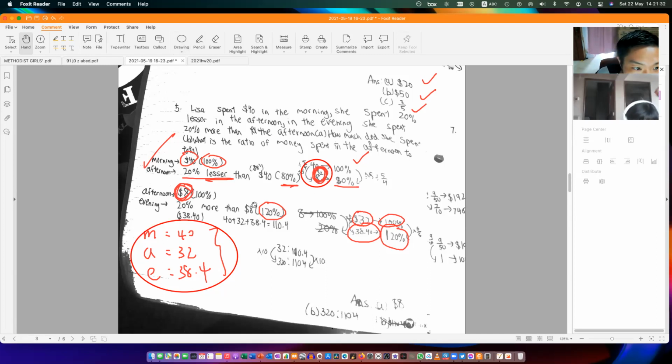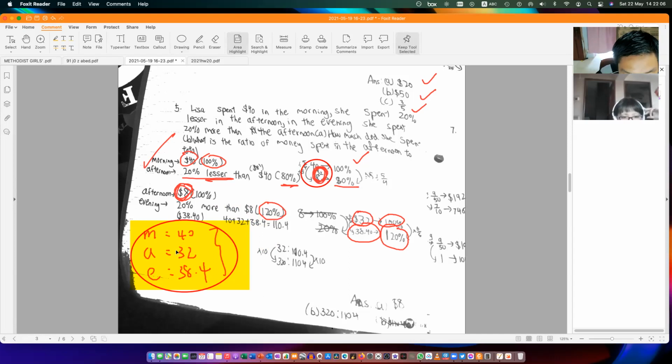So I think it's good that you simplify and give yourself a summary here. Morning is 40, afternoon is 32, evening is 38.4. So you give yourself a summary so that it's clearer for you to look at later on. Does it make sense now? Yeah. Good. I learned something here. Okay, so this is the summary, right?